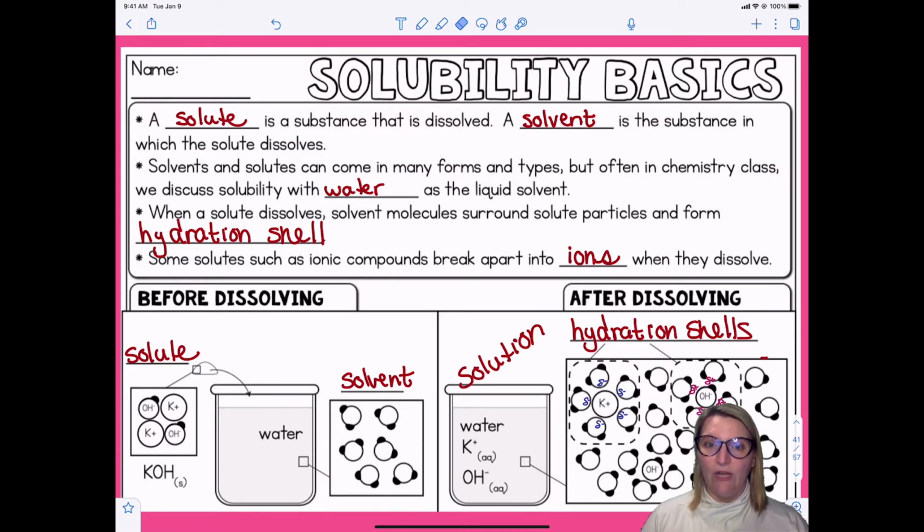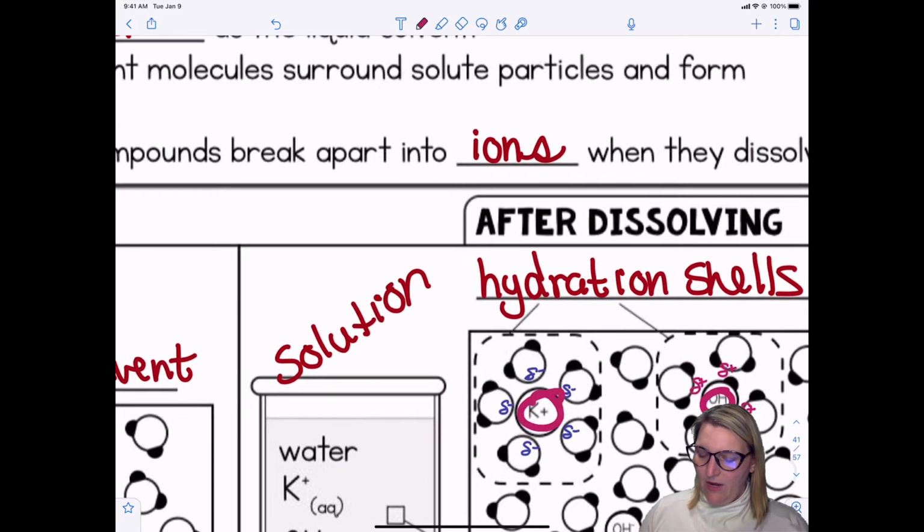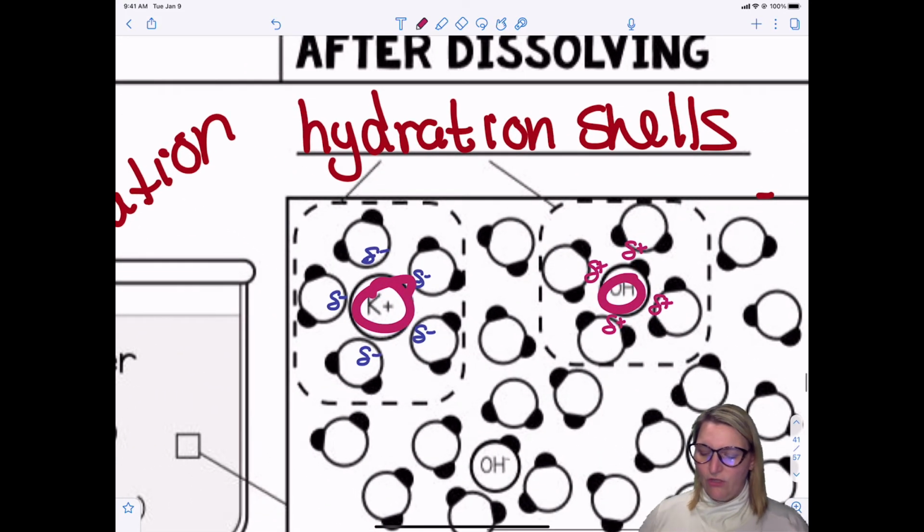We call that dissociating. So if you look down at the bottom, you'll see before dissolving, we have the solute, the potassium hydroxide, solid, and we have the solvent, which is the water. And then when I mix them together, the potassium hydroxide dissolves and dissociates, right? So you can see here's the potassium, here's the hydroxide, and look at that hydration shell that's going on, right?